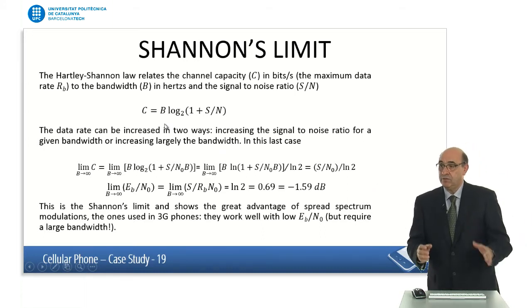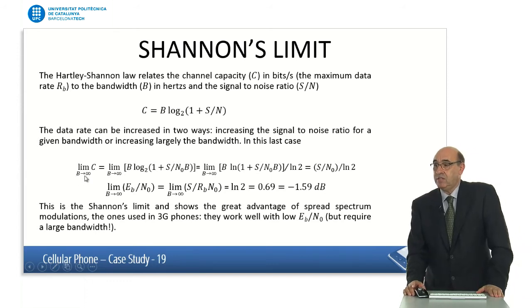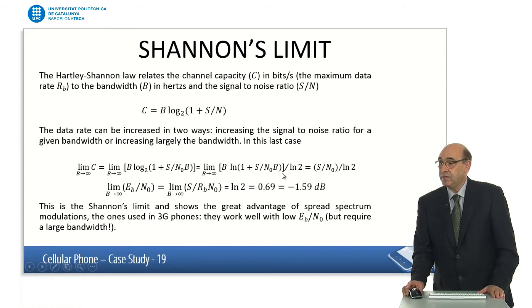So formally, what we do is we write here a limit when the bandwidth increases largely for the capacity. We have to take this limit, and the first thing we do is we just change this log base 2 to Neperian logarithms, and we have to divide by Neperian log of 2, and everything else is the same.